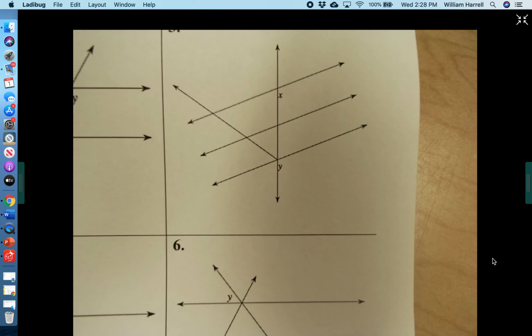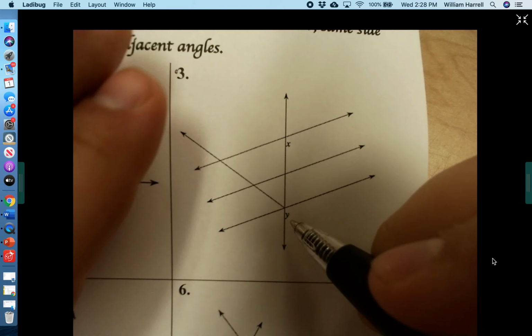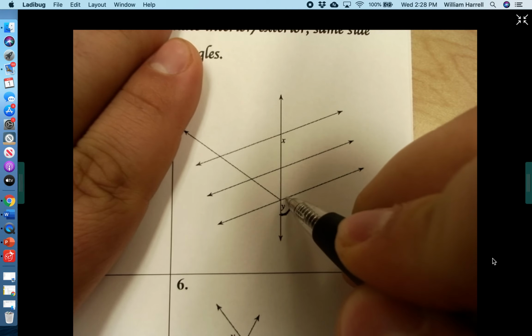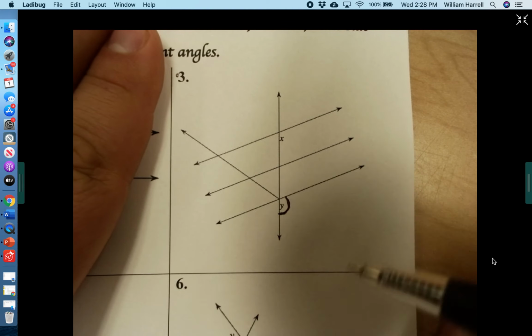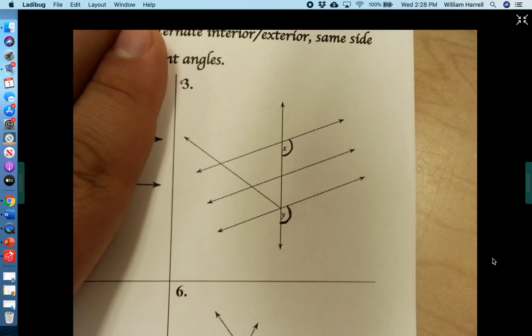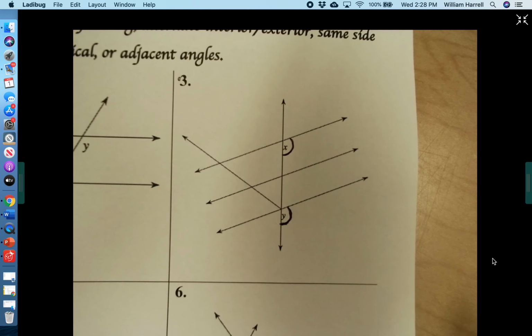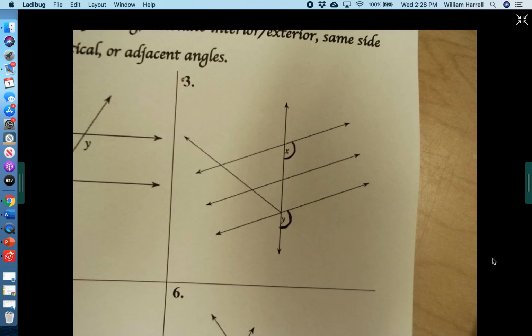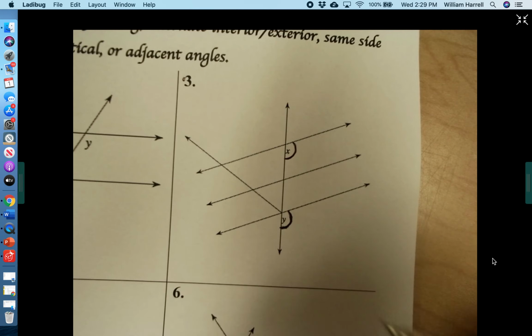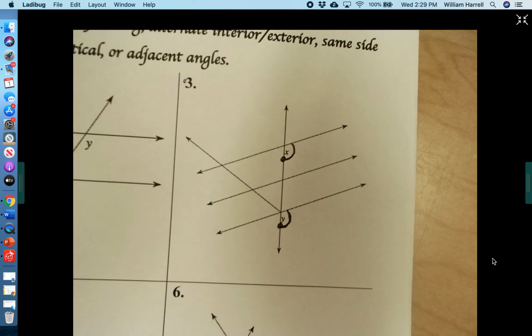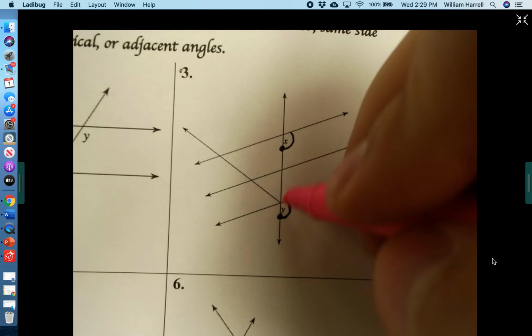Tara, what do you mean by trap my angles? Well, trap them, right? If somebody traps you, you can't get away. If I have to trap angle Y, I'm going to put an arc right here. If I have to trap angle X, I'm going to put an arc right here. Okay? Now, here goes the crazy thing. Your transversal is always going to be the line that both of your arcs touch. So this line right here, both of those arcs touch it.